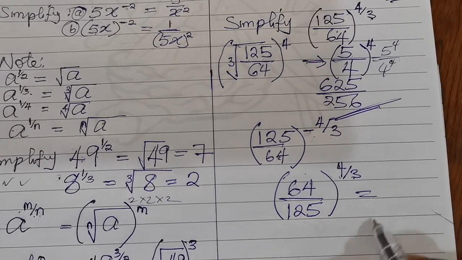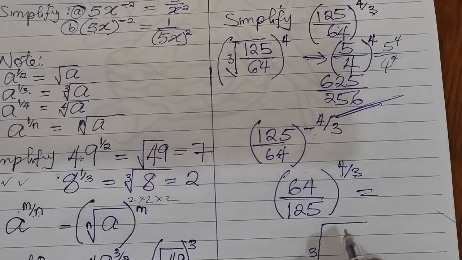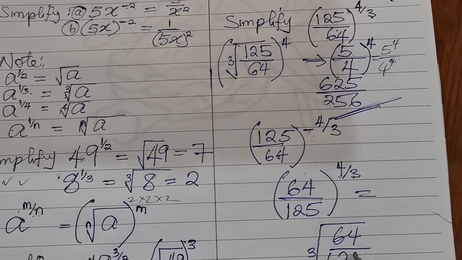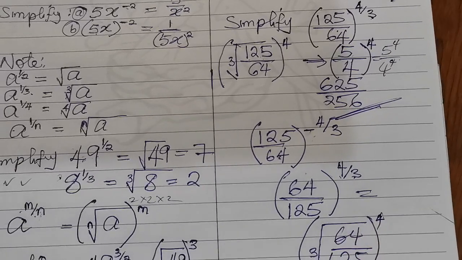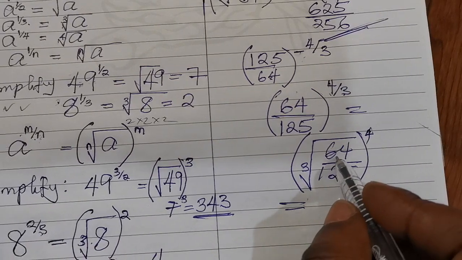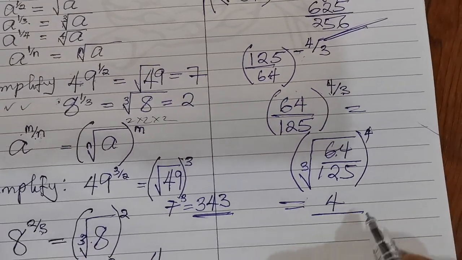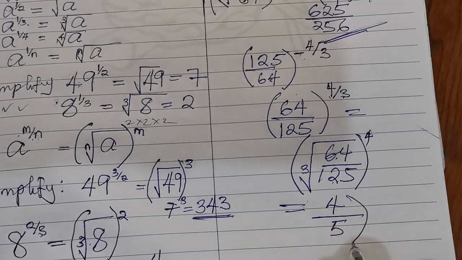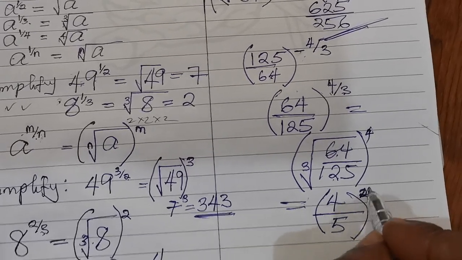Denominator is the root. I'm looking for the cube root of 64 over 125, and whatever I have there, I'm going to raise to the power 4. So the cube root of 64 is 4, and the cube root of 125 is 5, all raised to the power 4.